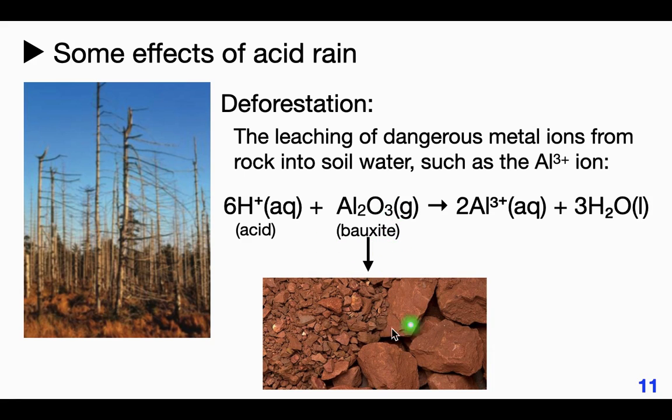Bauxite is a rock, a mineral that's found in rocks. It's very, very common. And when the acid reacts with bauxite, it removes aluminum ions. So the acid, remember, acids are always aqueous, so acid rain will form aluminum ions that are in solution, and that's very, very poisonous to trees.